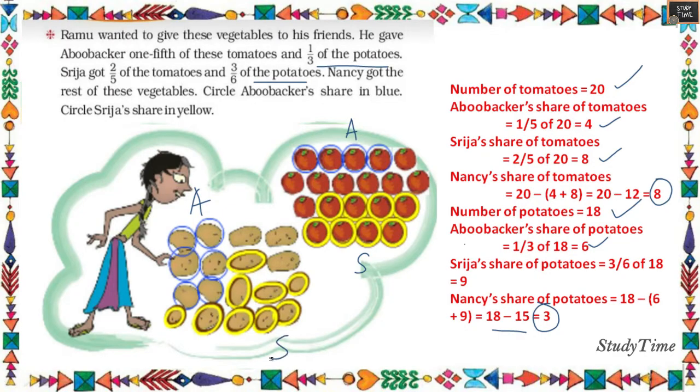And remaining is 3. When you total the parts, you have to get the total. See here, 4 plus 8 plus 8 is 20, and 6 plus 9 plus 3 is 18.